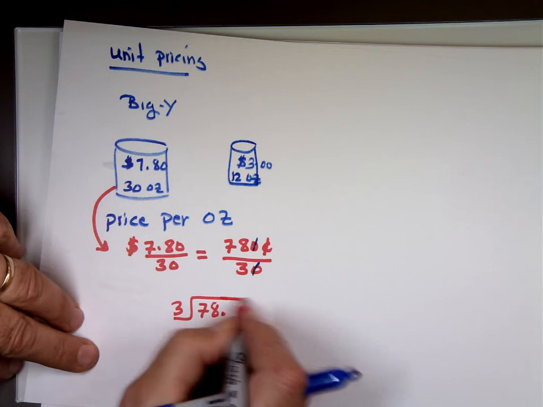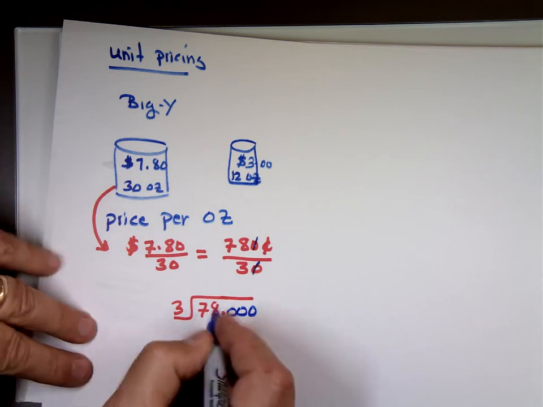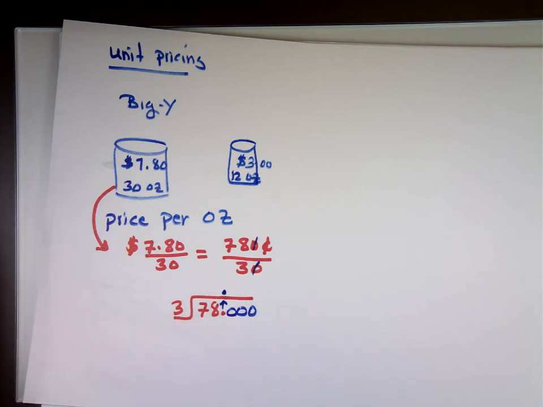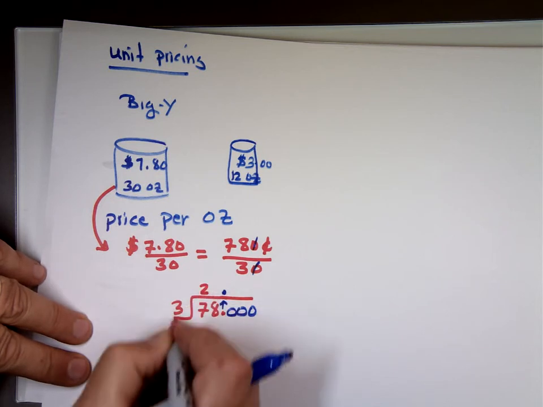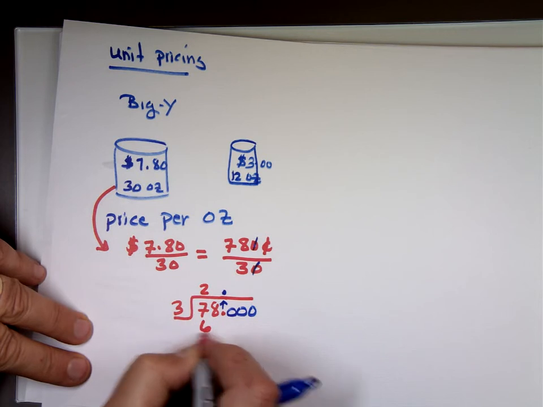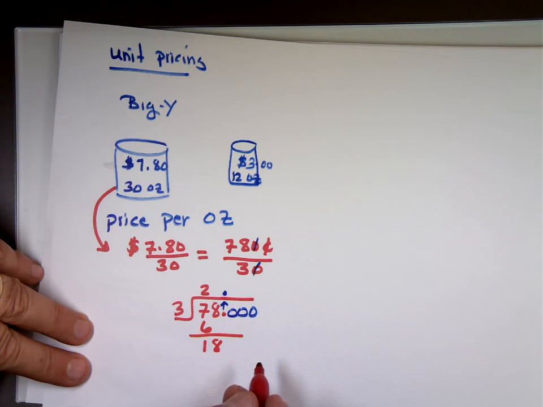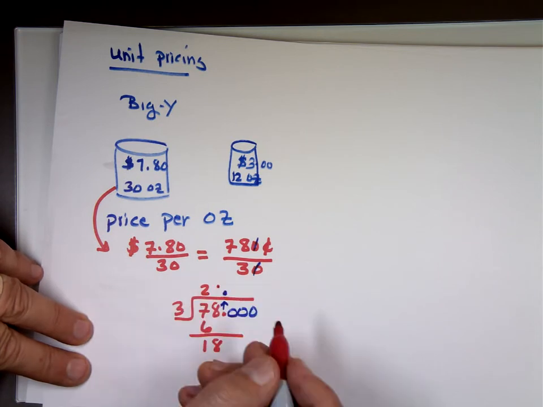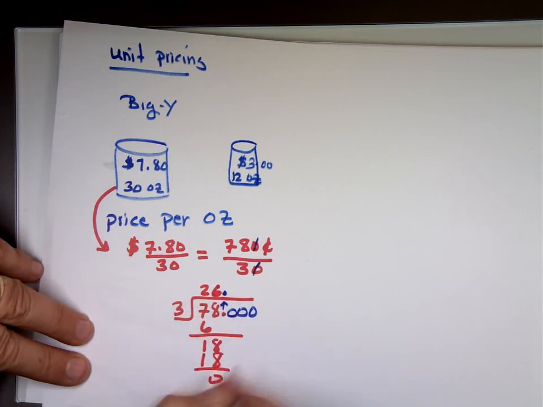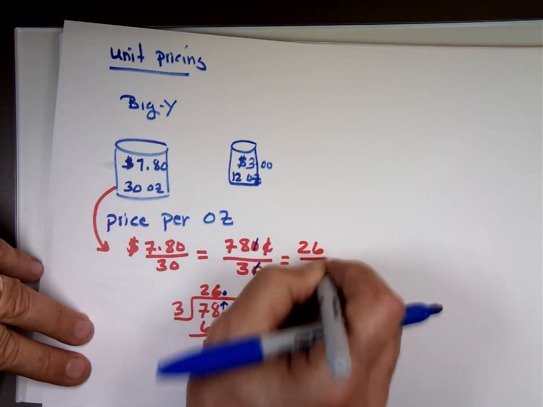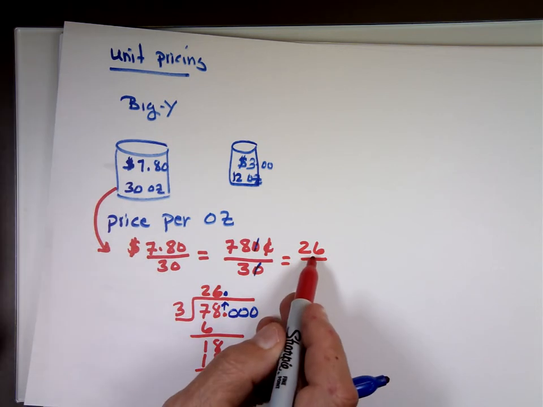Keep in mind, when you're dividing decimals, there's an infinite supply of zeros if I need them. 7 by 3 is what? 2. 2 times 3 is 6. 18 by 3, which is what? 6. 6 times 3, 18. Done. So the ratio is 26 to 1. For every ounce of coffee in the big can, you're going to spend 26 cents.